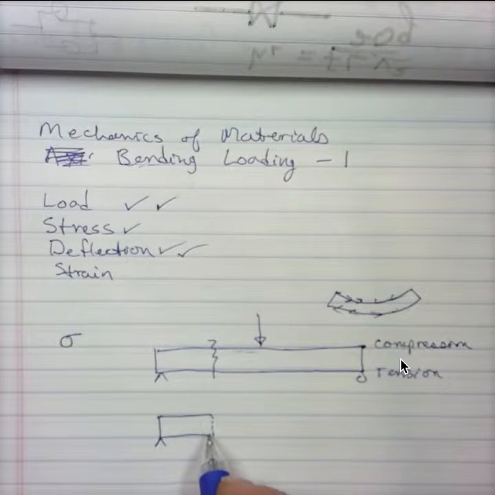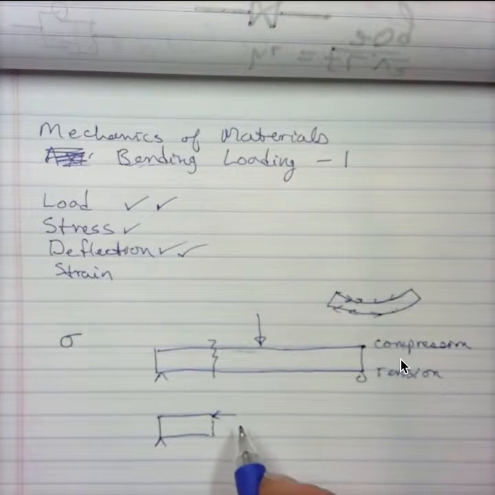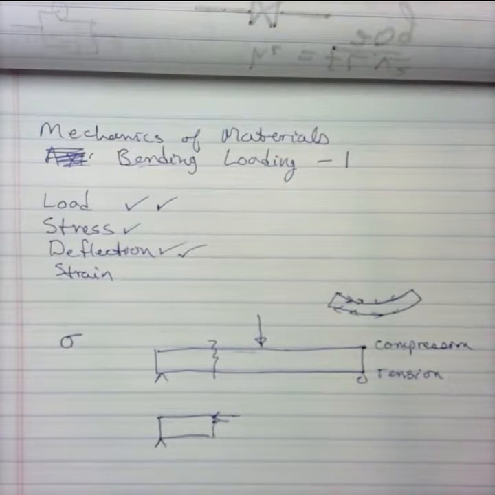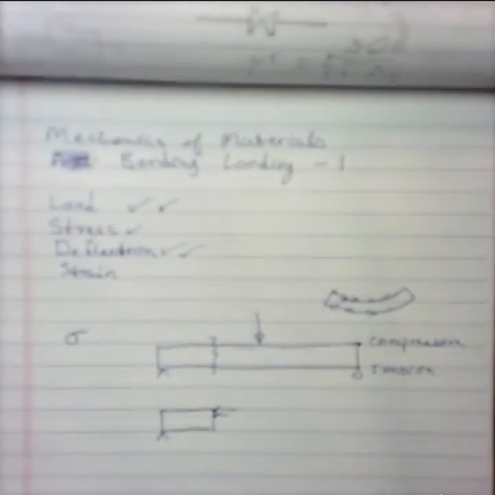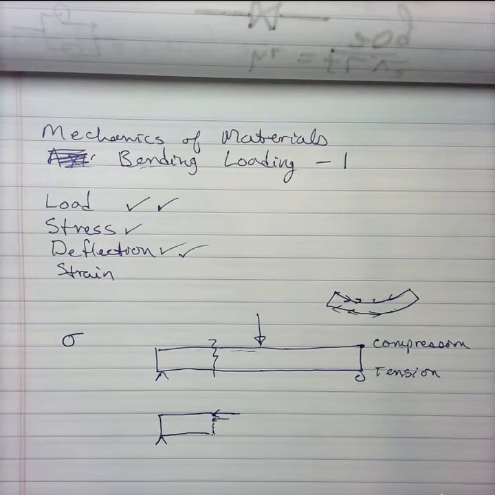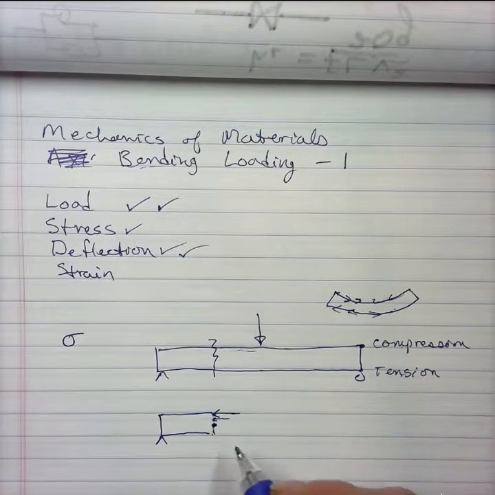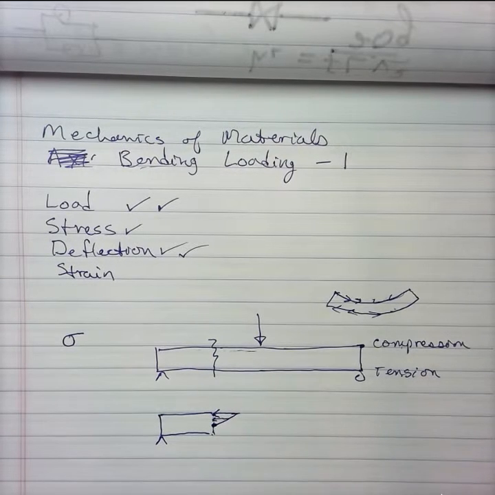And the stress at this location is not the same everywhere on the cross-section. It's a compressive stress at the top fiber, and then as you start coming down, that compressive stress gets less and less until it's no longer a compressive stress and it's not yet a tensile stress, and it's got a 0 stress.